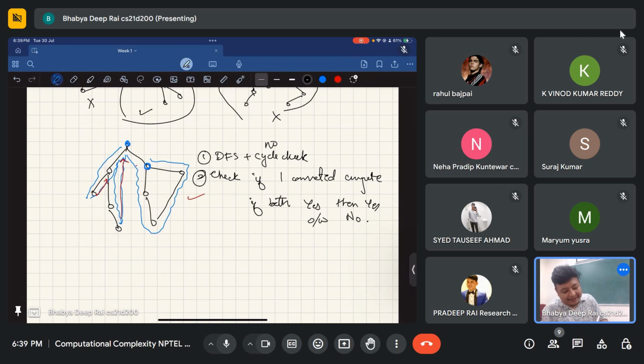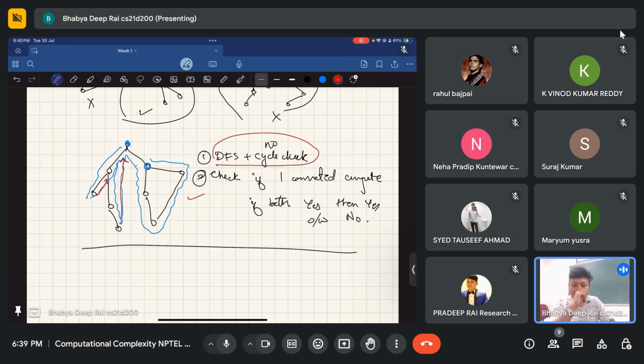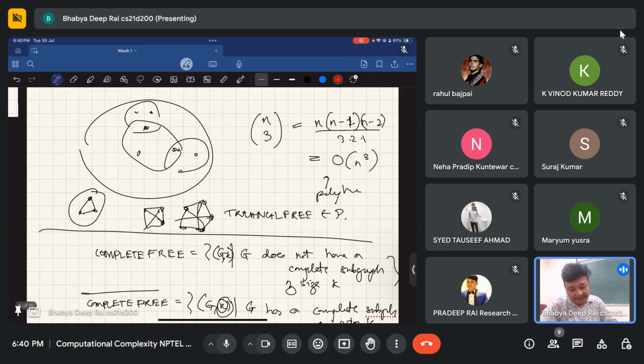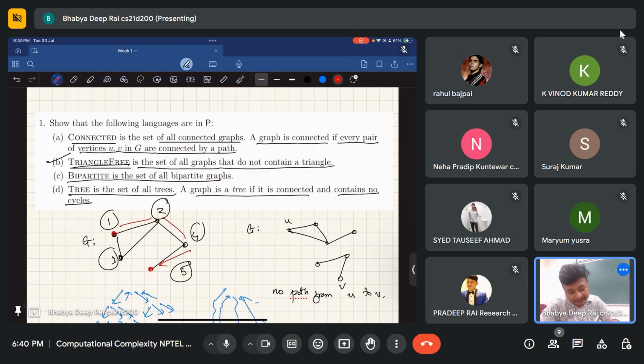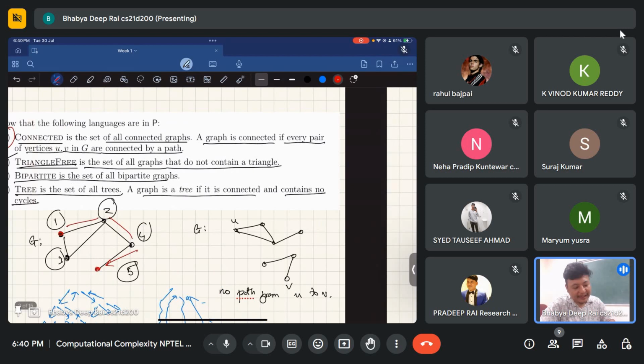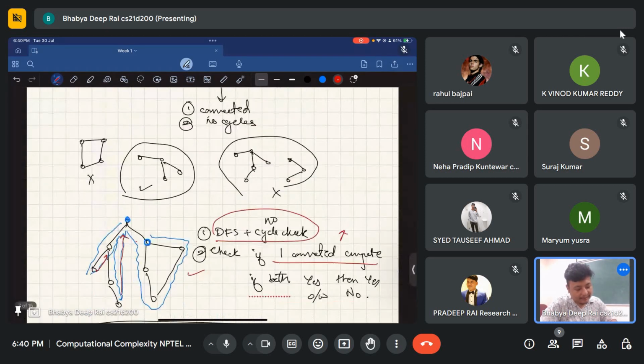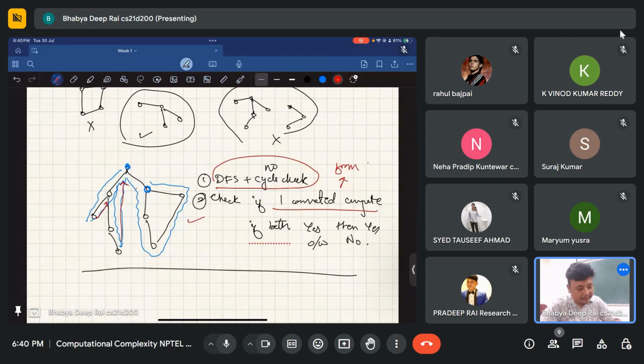Good. Now, does anyone have a suggestion on how to make this part even simpler? By the way, checking one connected component comes from question 1A.